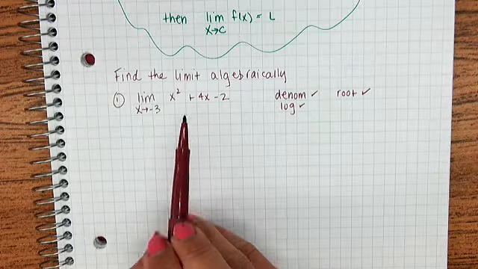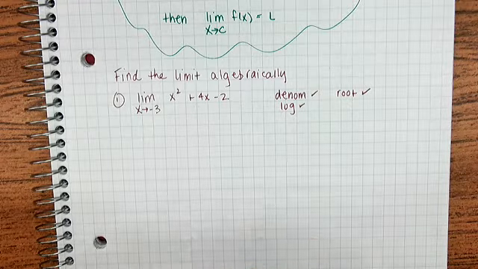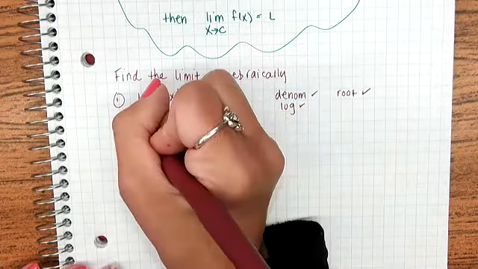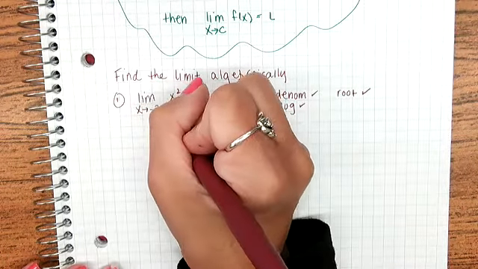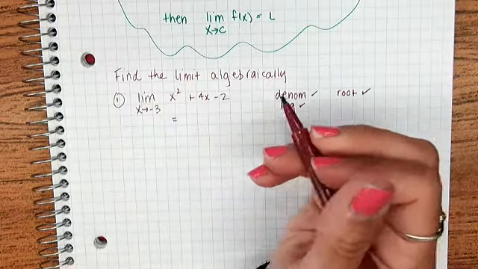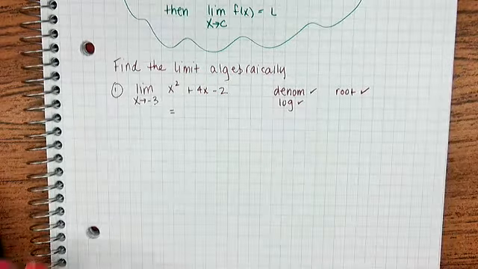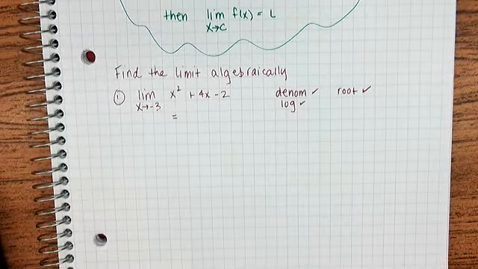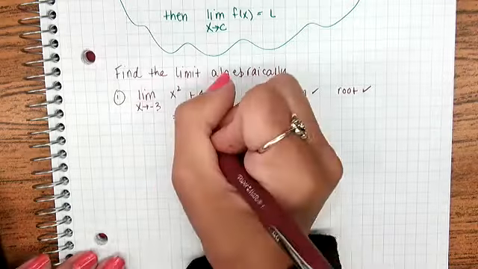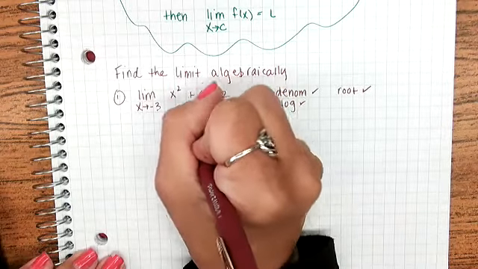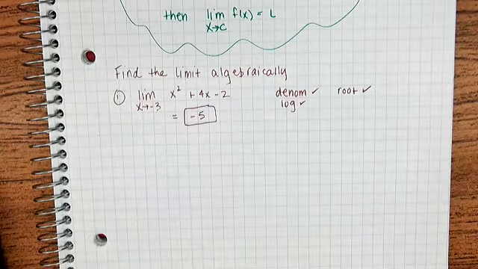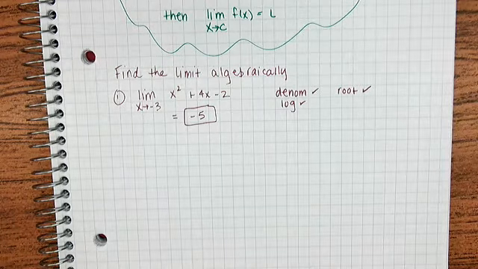Plug in. 9 minus 12 minus 2, -5. I'm using my calculator because I don't want to mess it up. That's it. Finding a limit algebraically is just a matter of plugging in.